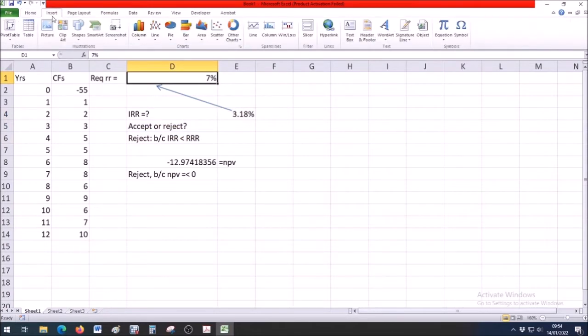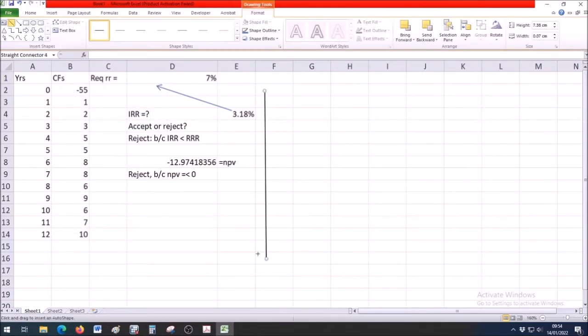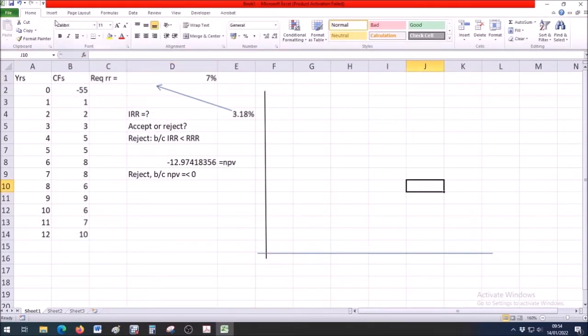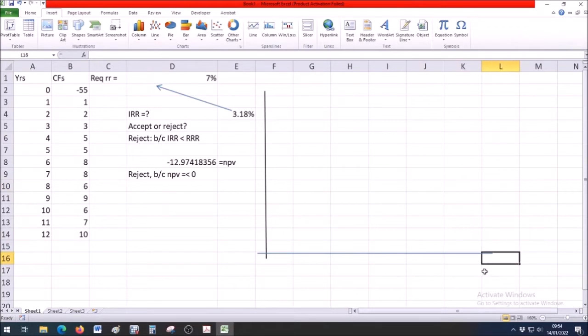So let's put that on a chart. Let's have rate here, required rate of return, internal rate of return, both rates here, and let's have NPV on the vertical axis. Right now NPV is negative when the required rate of return is 7.